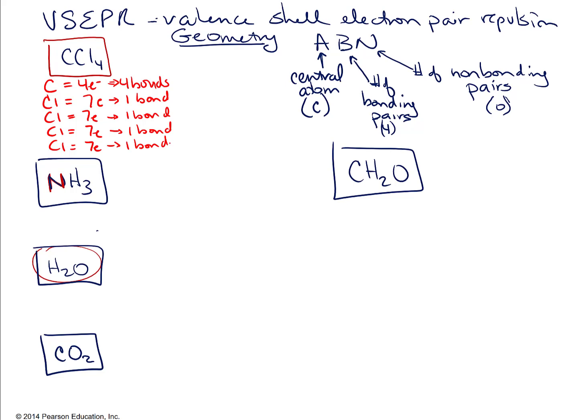So you always start with the atom that needs the most bonds. So that would be the carbon. And then you just sequentially continue to add the other atoms, forming a bond by pairing up one of the carbon's electrons and the chlorine's 1 unpaired electron.